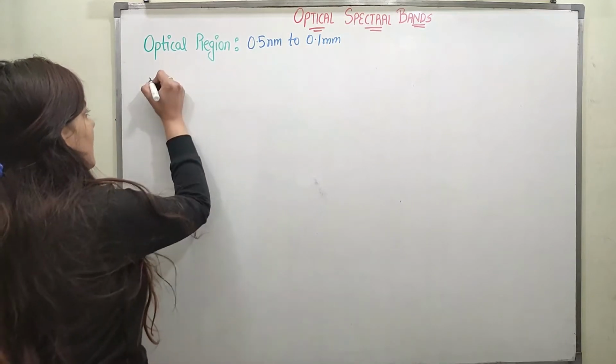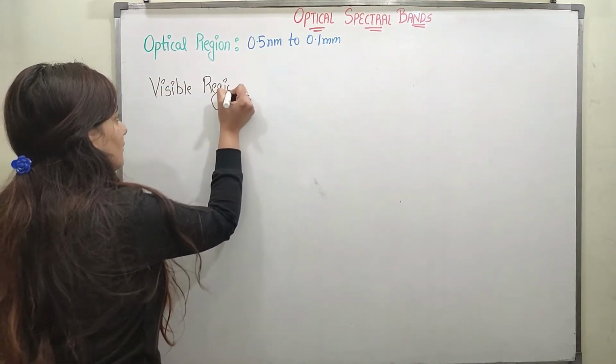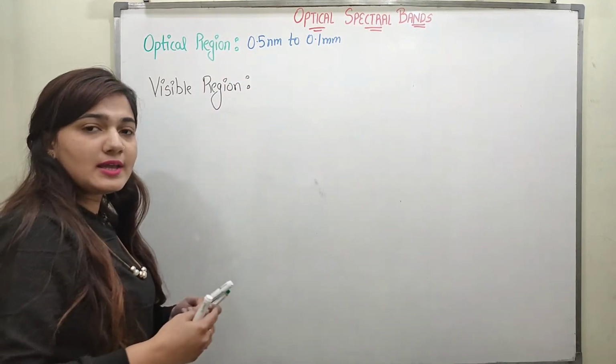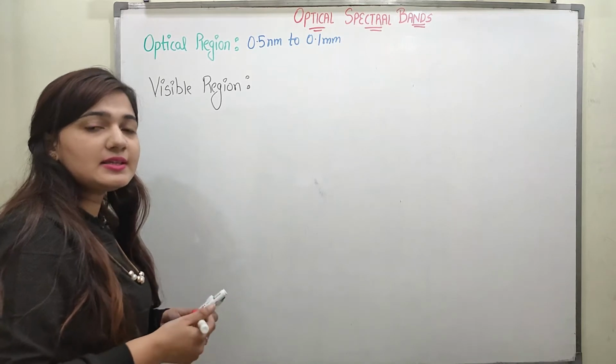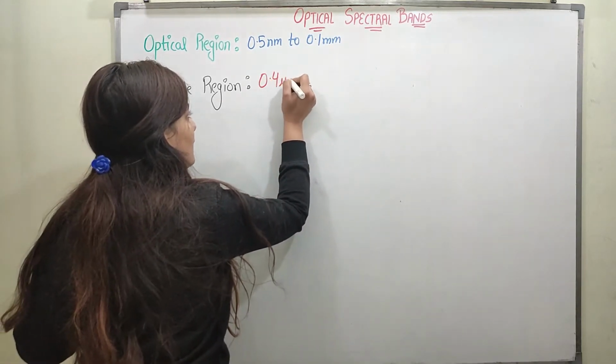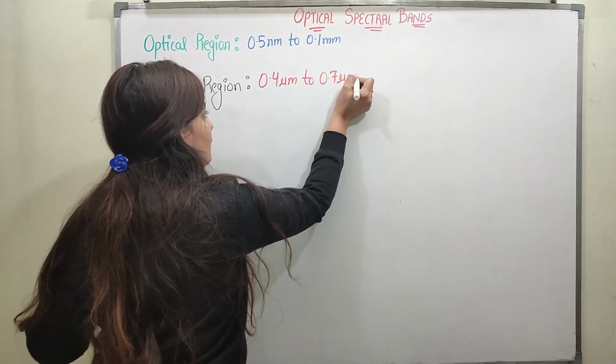Now we have the visible region. The visible region is the region in which our eyes can see the EM waves, and it ranges from the wavelength 0.4 micrometer to 0.7 micrometer.